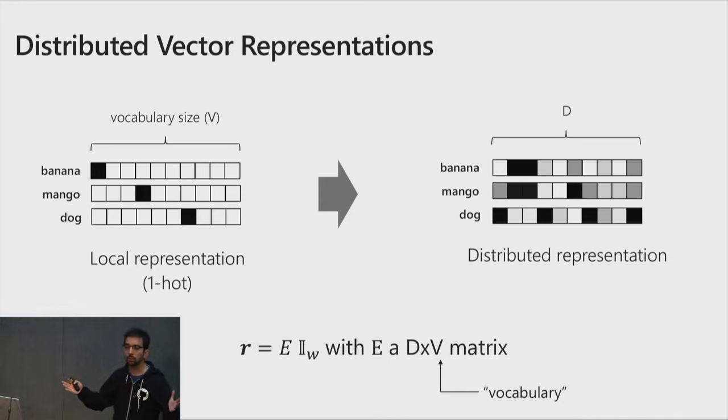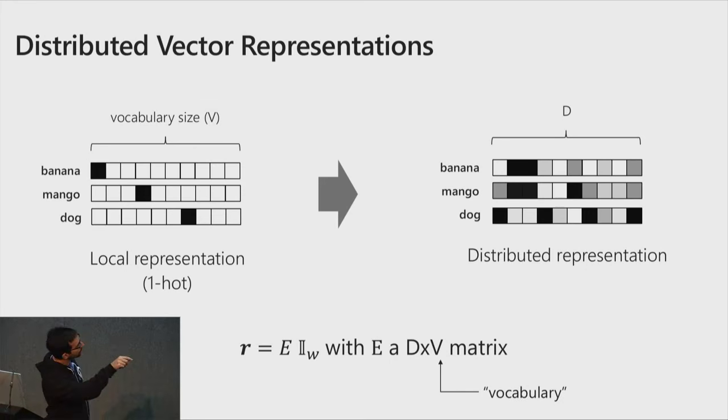So how do you learn these things? You can learn them as parameters of your model. The high-level idea is you start from the one-hot representations, multiply them with this embedding matrix, and you get these distributed vectors. And now your parameter is this E here, which is an embedding.